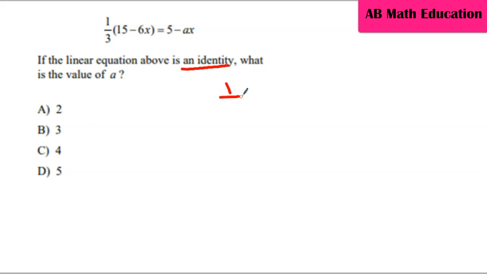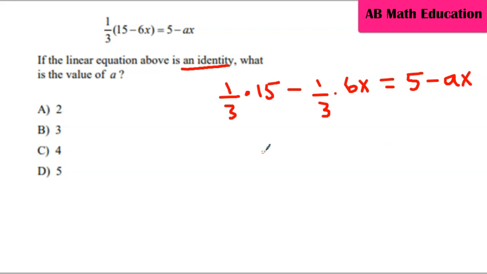Here 1/3 times 15 minus 1/3 times 6x must be equal to 5 minus ax. 15 divided by 3 will give us 5, minus 6 divided by 3 will be 2x here, equals 5 minus ax. Right, so here the equation is looking exactly the same as the one that we did.